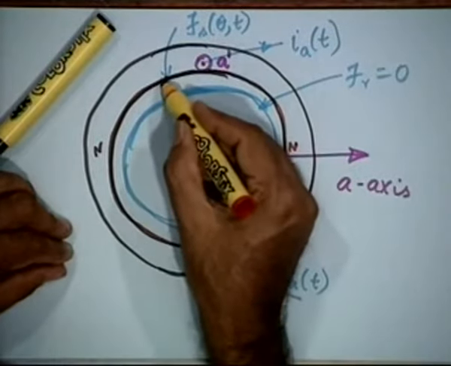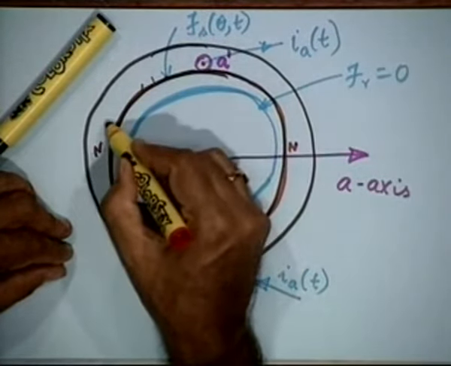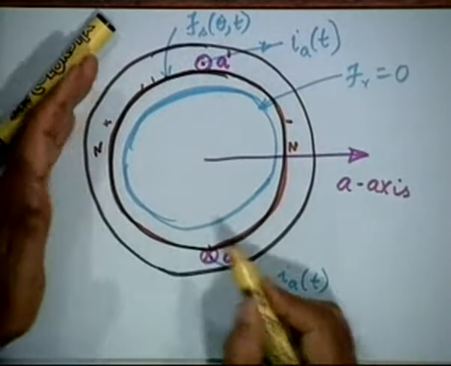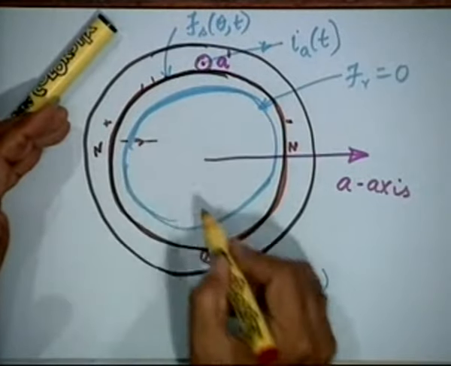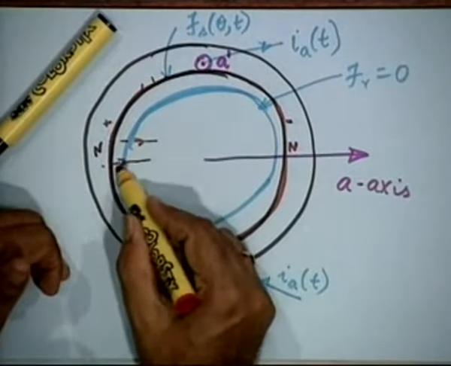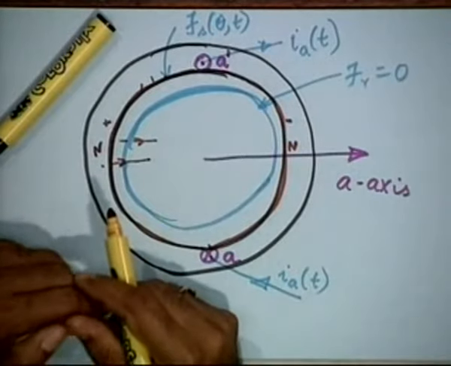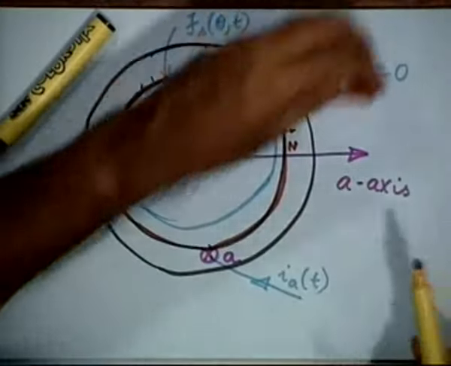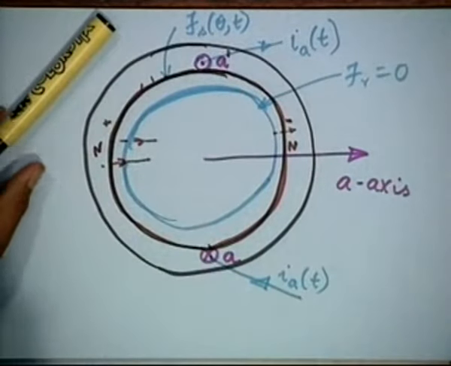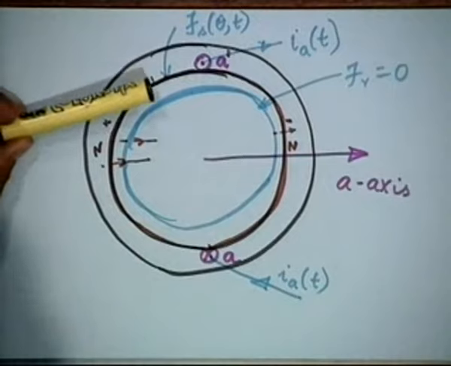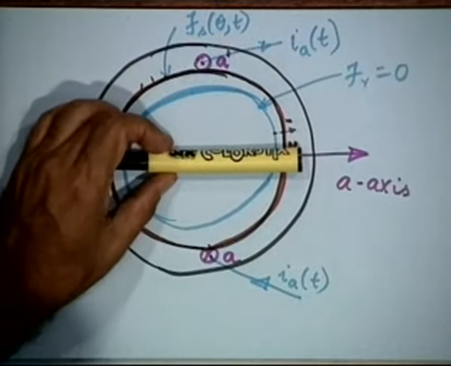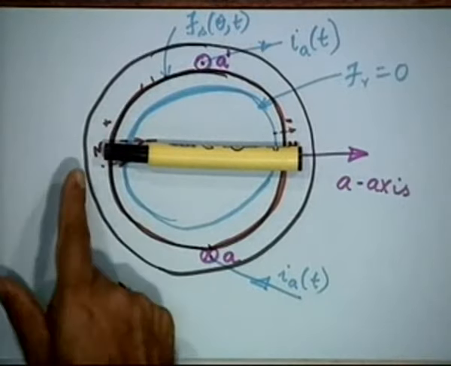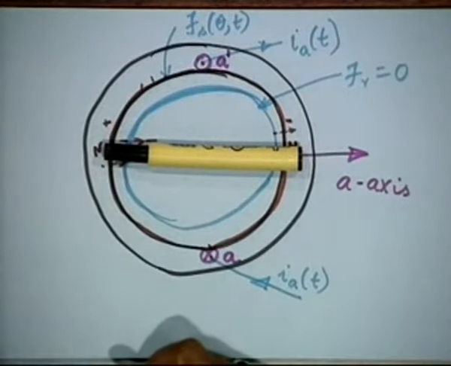So, all these potentials are positive here, and this would all be negative potentials here. So, the flux lines will flow like this from the stator surface to the rotor surface, and from the rotor surface to the stator surface. And from a simple compensation analogy, we can say that it is as good as putting a magnet like this from north pole to south pole, right.